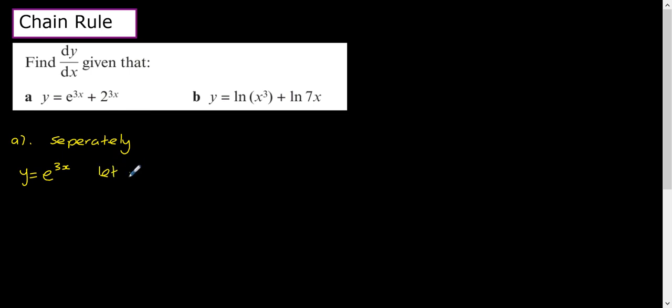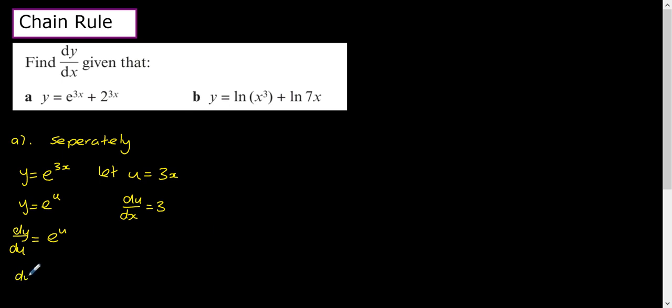So we'll say let u equal the 3x, the function of the function, e to the power of the function of x. So that means that y equals e to the power of u. It means that dy by du is also e to the power of u, because when you differentiate e to the power of something, you get e to the power of something. du by dx, when we differentiate the 3x, we get 3.